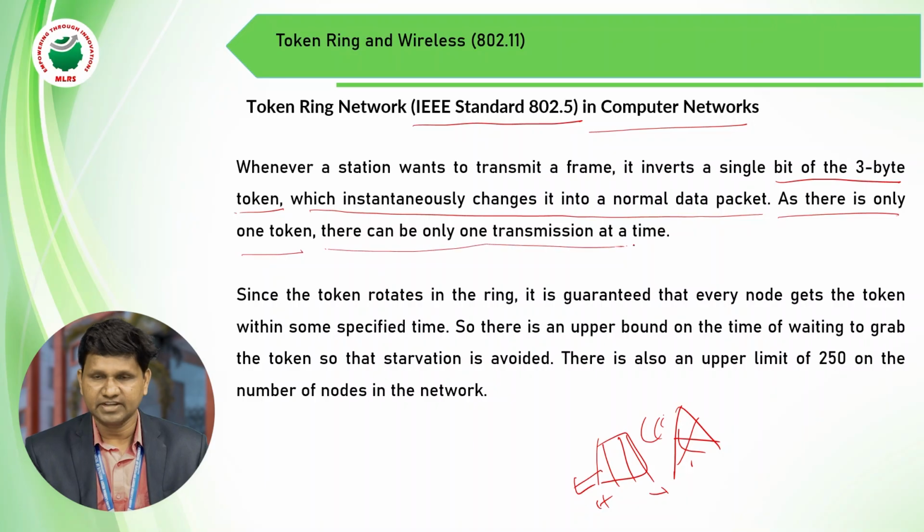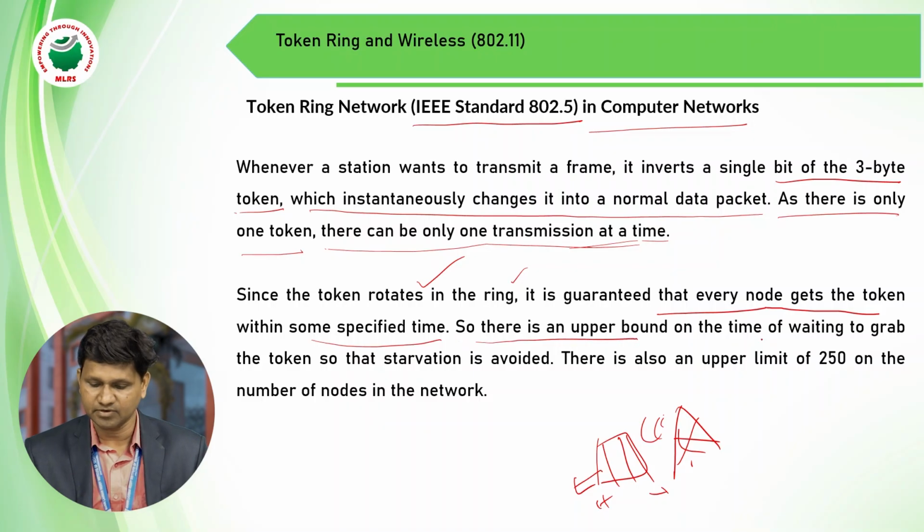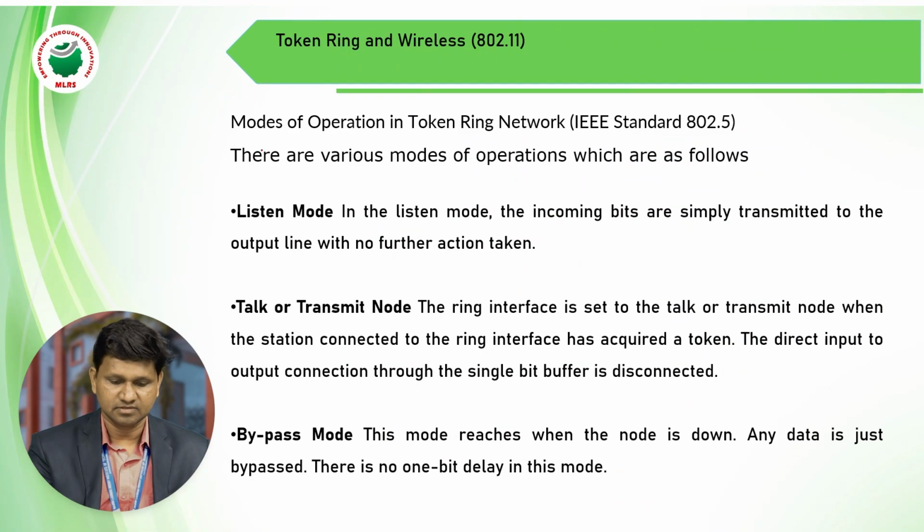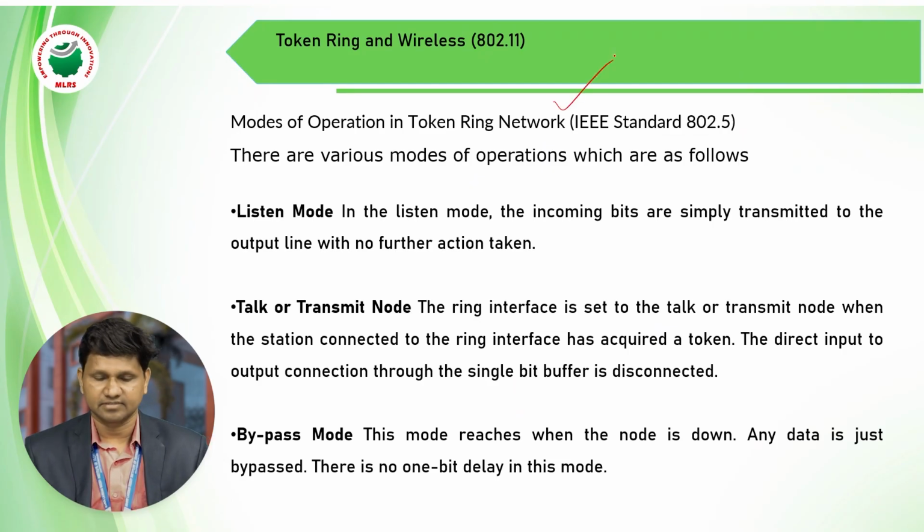There can be only one transmission at a time. Since the token rotates in the ring, it is guaranteed that every node gets the token within a specified time. Hope you are understanding. So there is an upper bound.